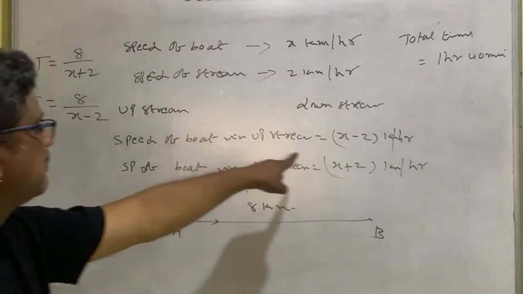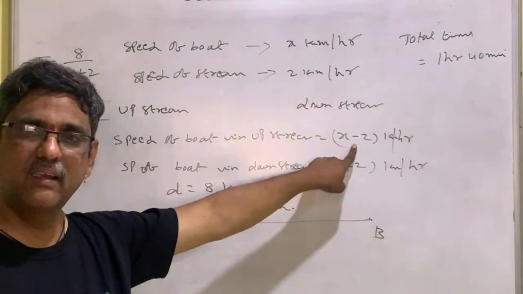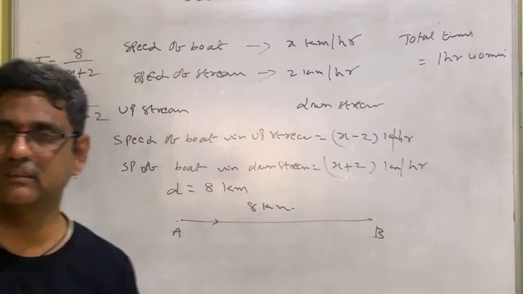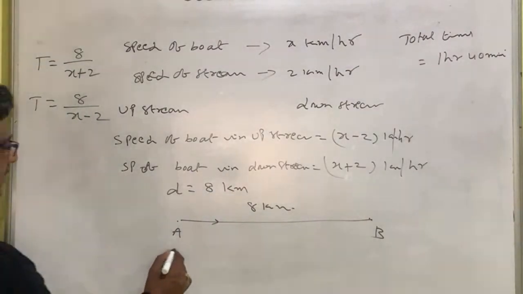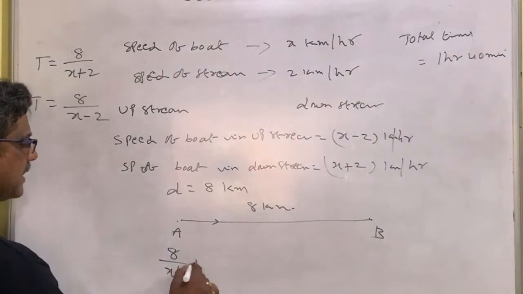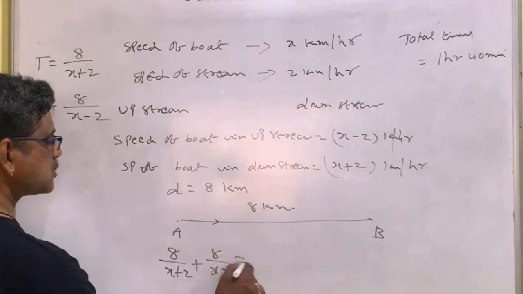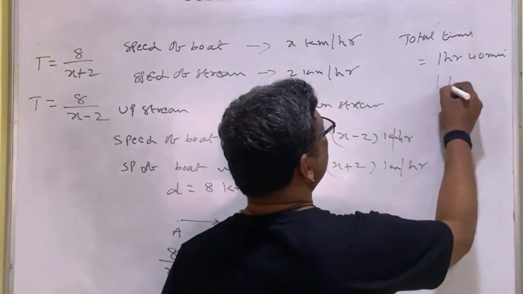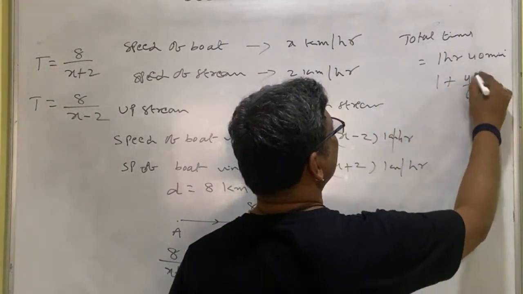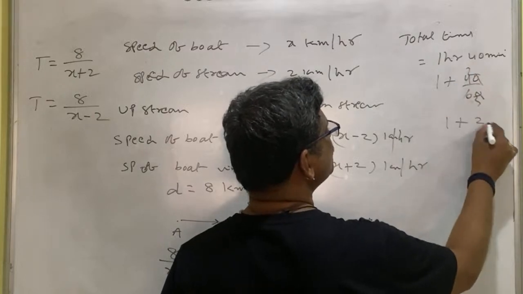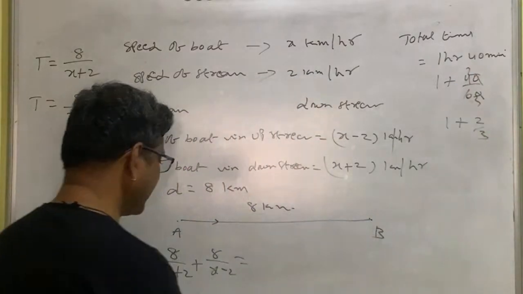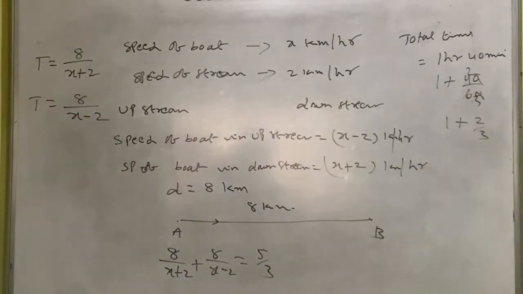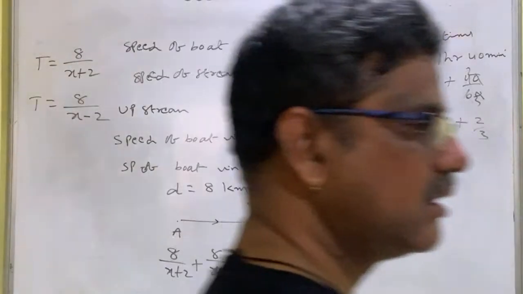Upstream speed is this, downstream speed is this, distance is the same. So together 8 by x plus 2 plus 8 by x minus 2 is equal to 1 hour 40 minutes, that is 1 plus 40 by 60, 1 plus 2 by 3, which is 5 by 3. Understand?